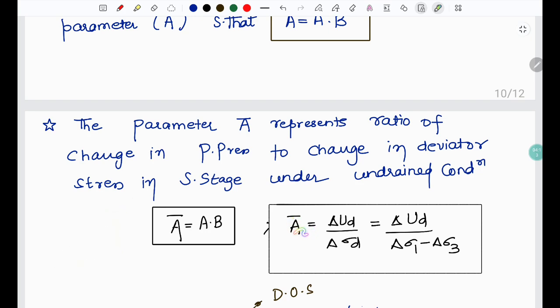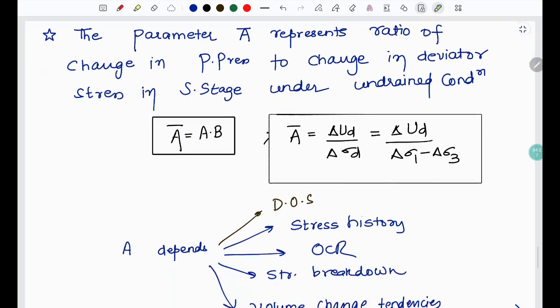So A bar is written as delta U D by delta sigma D, and since we know that sigma 1 equals sigma D plus sigma 3, therefore sigma D can be written as sigma 1 minus sigma 3, therefore delta sigma D can be written as delta sigma 1 minus delta sigma 3.